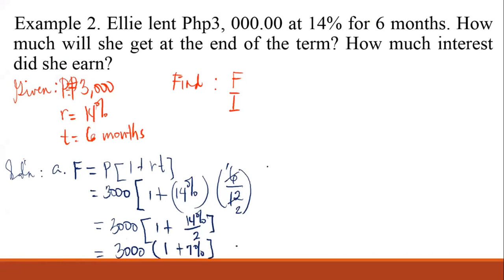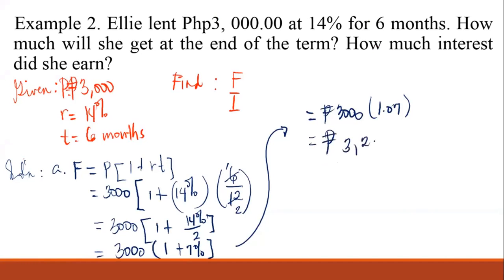Okay, so continue. This is equal now to 3,000 times 1.07. Okay, so yung 7%, if you convert this into decimal, that is equal to 0.07. So this is now equal to 3,210 pesos. Okay? Ayan. So that is the maturity value.